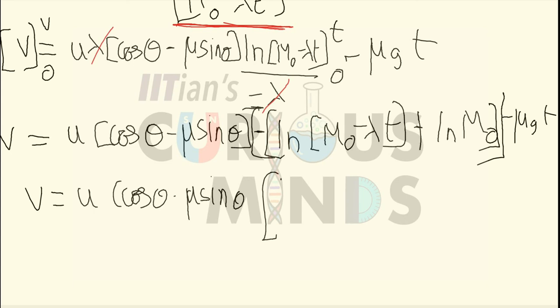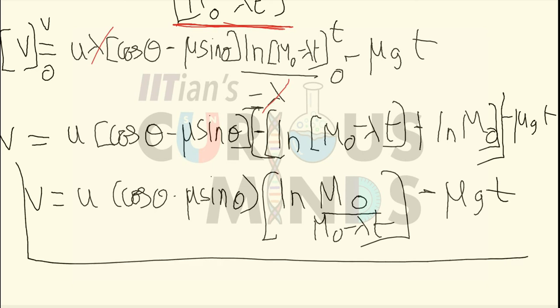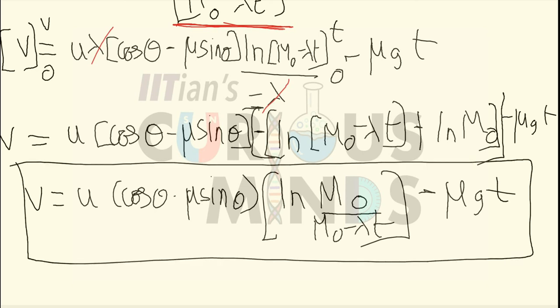So it will be equal to log of m naught divided by (m naught minus lambda t). This will be the logarithm over here, minus mu g into t. This will be the function of the velocity in terms of time.